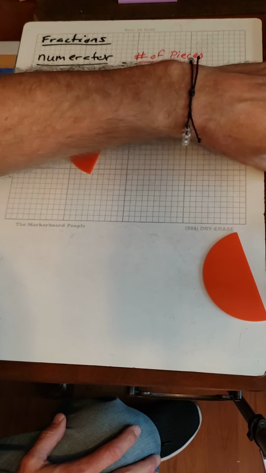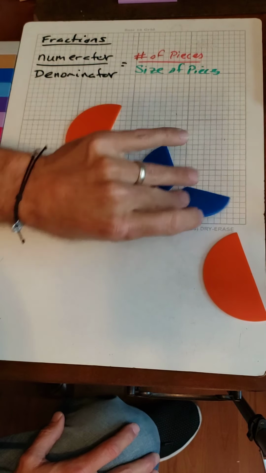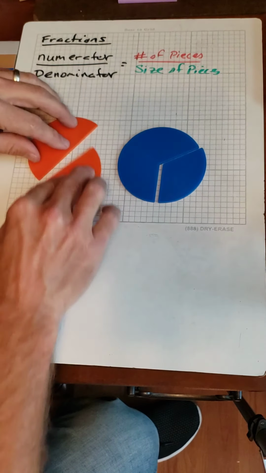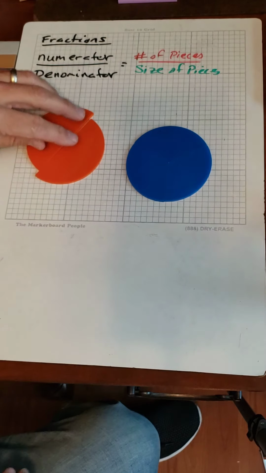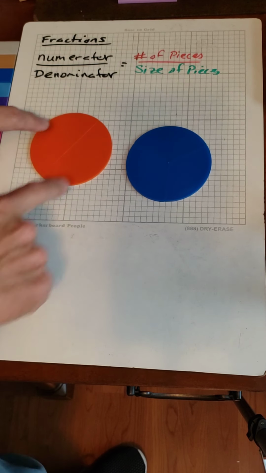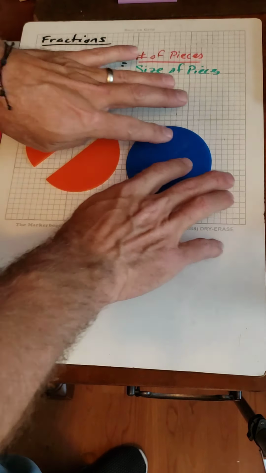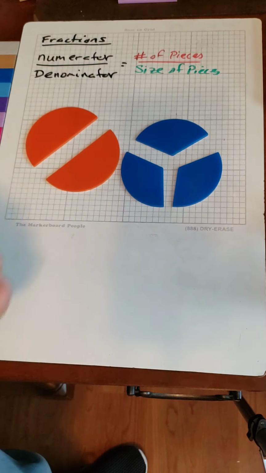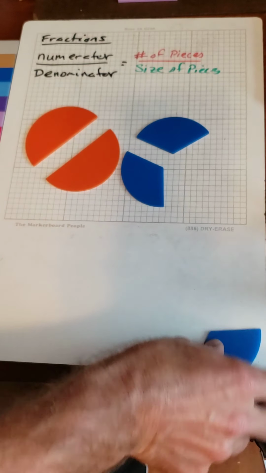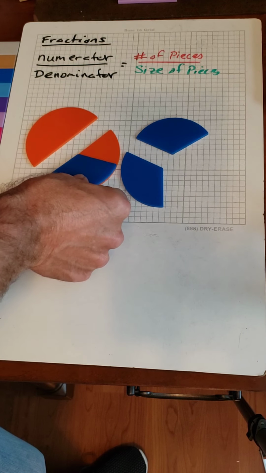Well, if I look at this one here, it took 3 pieces to create the same size circle as I have that only took 2 pieces. So since these took 3 pieces to make that circle, then these have to be smaller size pieces than the orange one is.